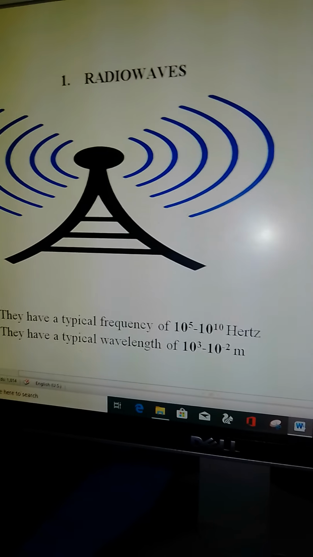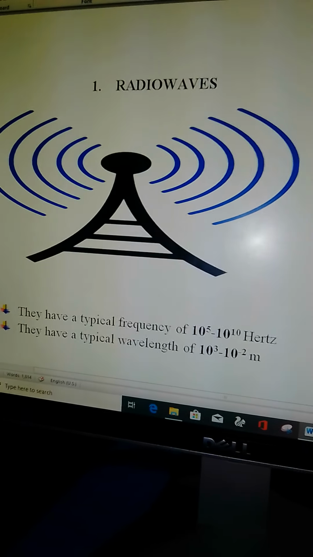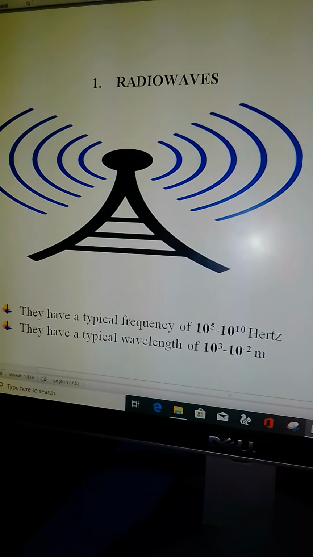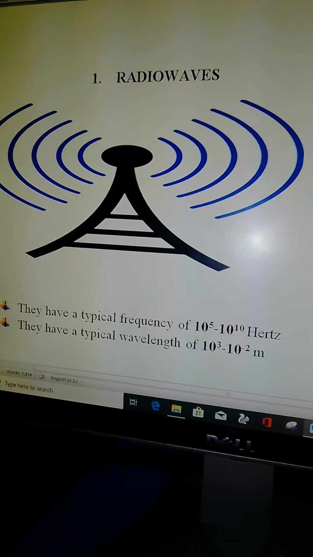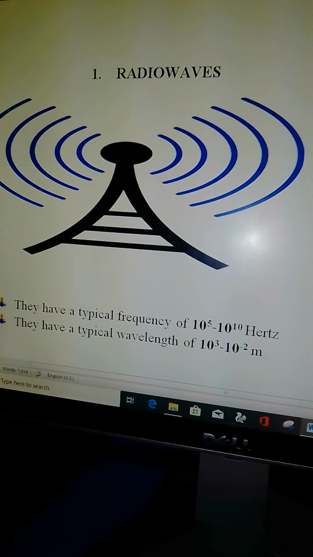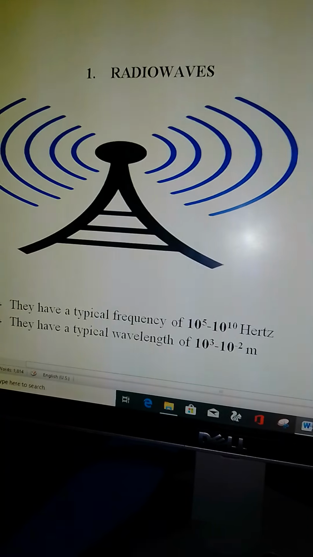What is important is that we'll be looking at the properties of each of the waves in the spectrum, and we shall start with the radio waves. Radio waves have a typical frequency of 10⁵ to 10¹⁰ Hz, and a typical wavelength of 10³ to 10⁻³ meters.